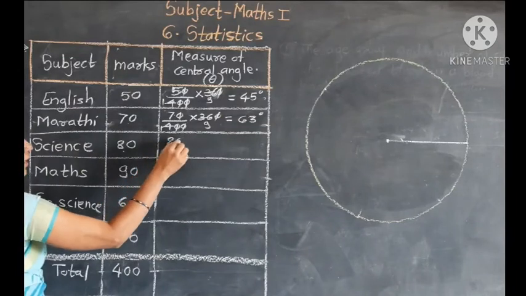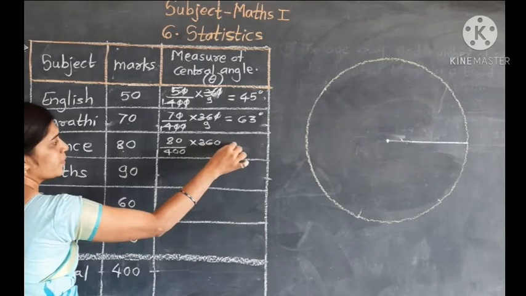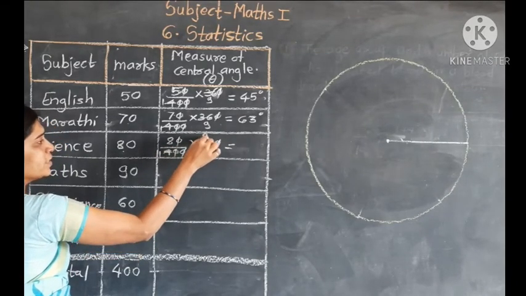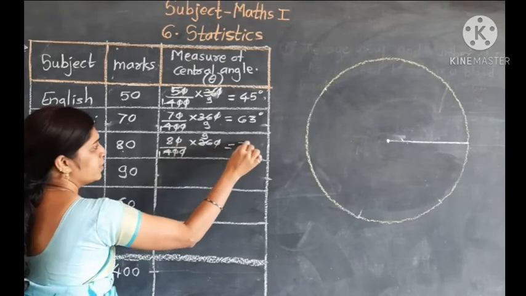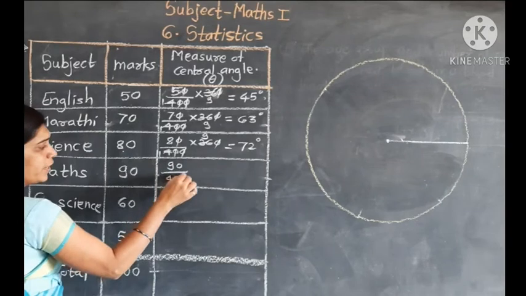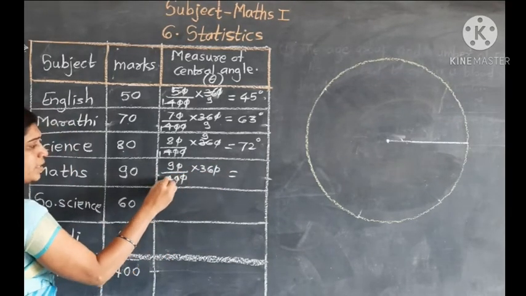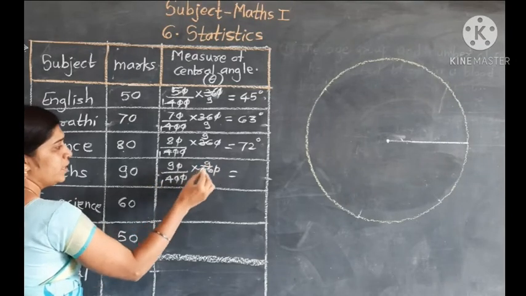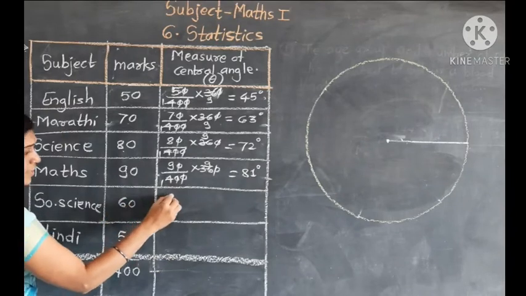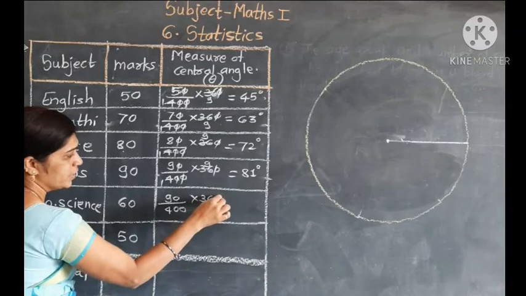Then 80 divided by 400 into 360. 0 will cancel. 4 ones are 4, 4 nines are 36, 9 into 8, 72. 90 divided by 400 into 360. 0 will cancel. 4 ones are 4, 4 nines are 36. 9 nines are 81 degree. Then the last one, into 360.